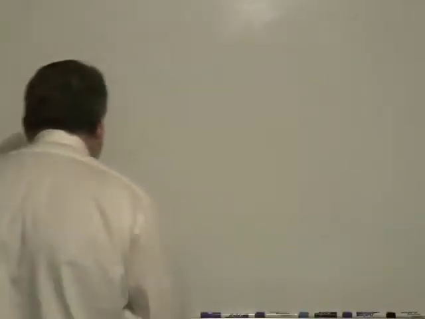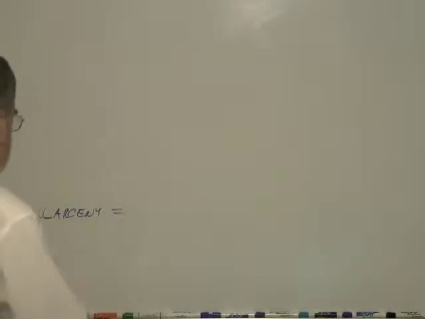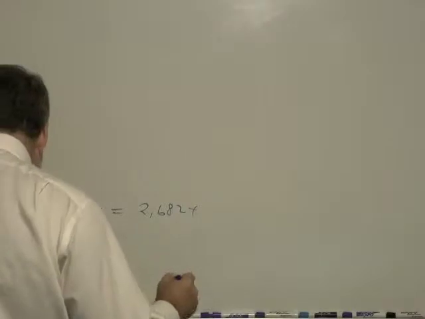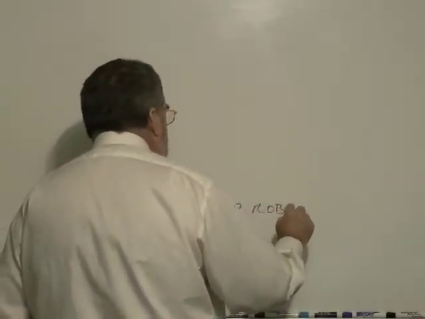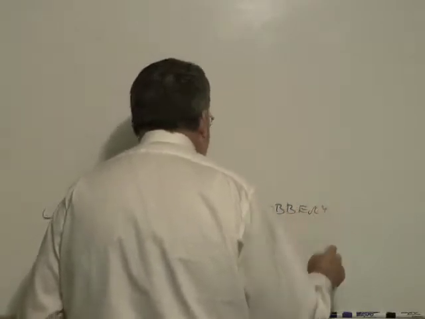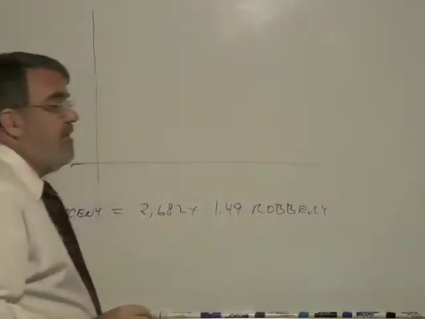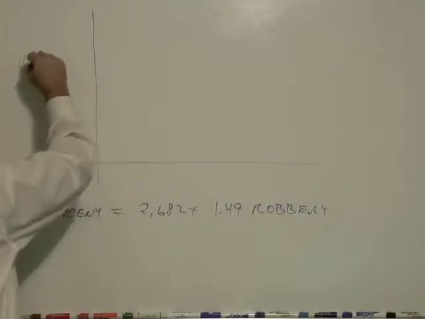regression equation. So they've got larceny is equal to 2,682 plus 1.49 times the robbery rate. All right, so as far as a graph, we would put larceny on the y-axis.